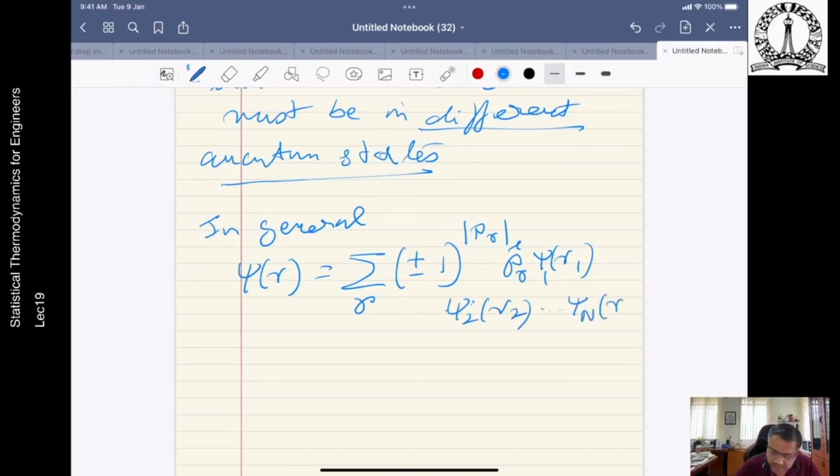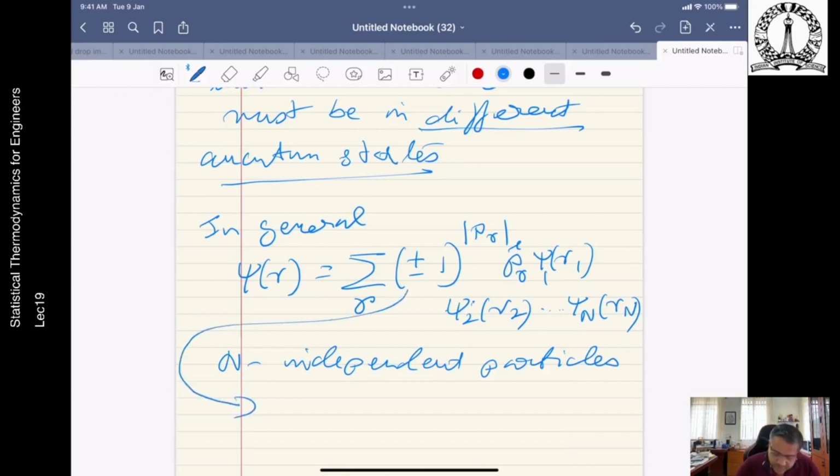So this is for independent particles, where the positive and the negative signs are invoked respectively for the symmetric and anti-symmetric wave functions.